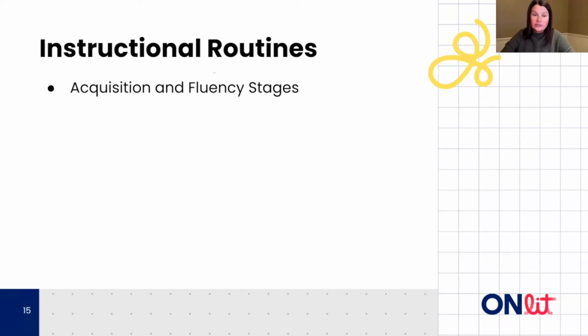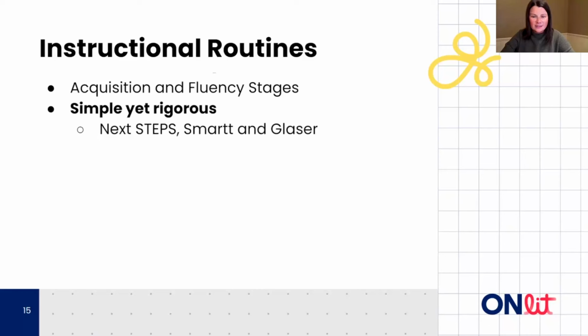Smart and Glaser describe these as simple yet rigorous. Anything that is an essential literacy skill should be taught with an instructional routine. If it is essential, we need to ensure students have the working memory available to think and work with that content.